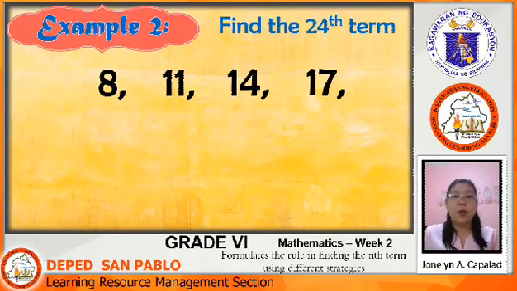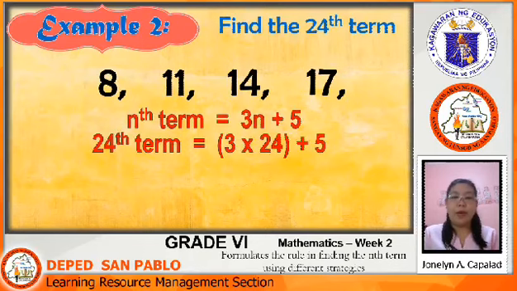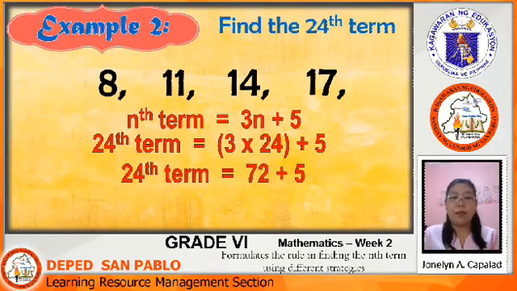Since we already know the nth term is equal to 3n plus 5, we just need to substitute n to 24 in order to find the 24th term of the sequence. 24th term is equal to 3 times 24 plus 5, and 3 times 24 is 72 plus 5. 72 plus 5 is equal to 77.